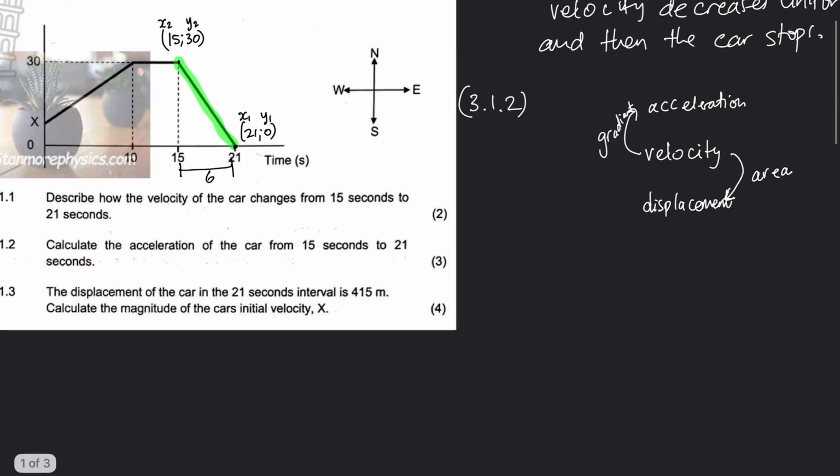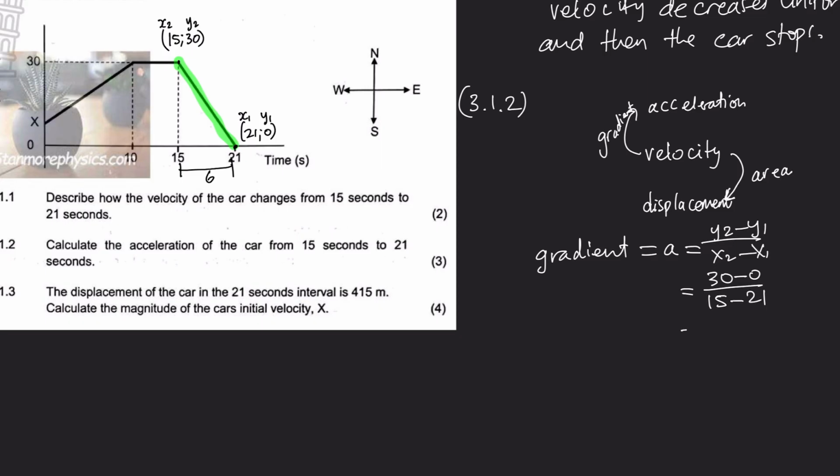So to answer this question, we'll start by saying that the gradient is the acceleration, and that's equal to y2 minus y1 over x2 minus x1. So y2 is 30, so 30 minus 0 divided by 15 minus 21. You put that in your calculator, you get an answer of minus 5 meters per second squared.